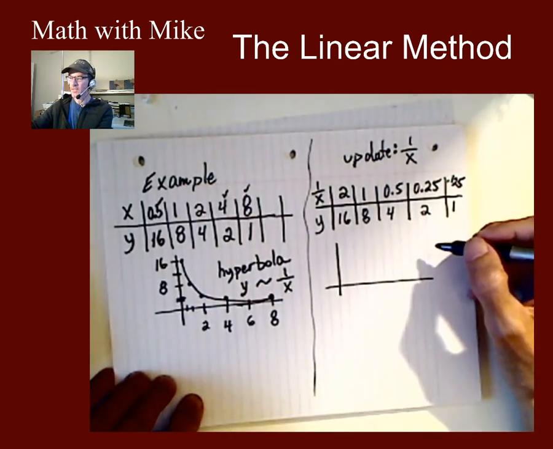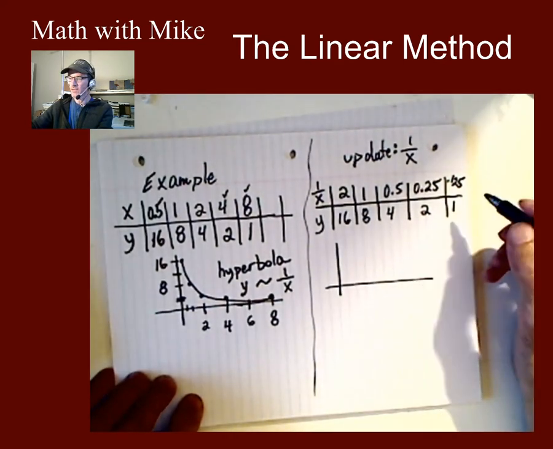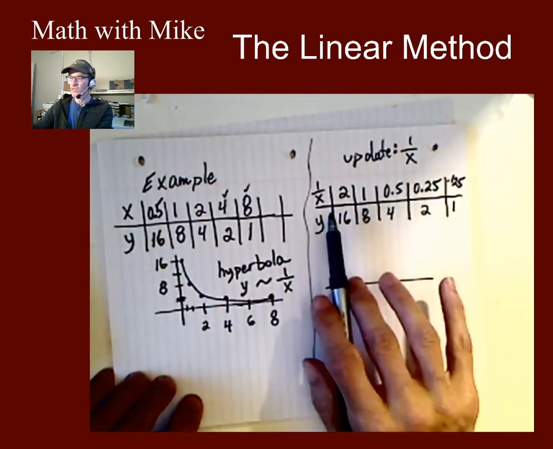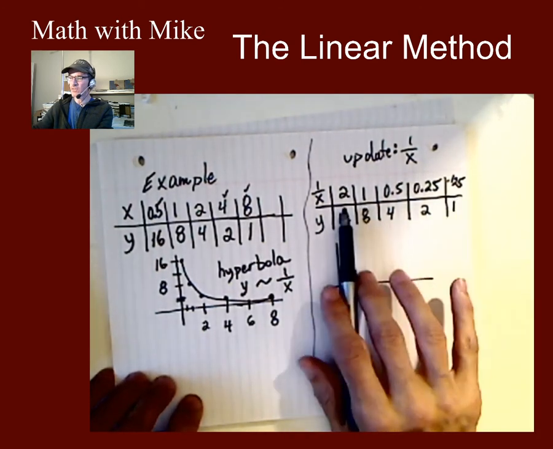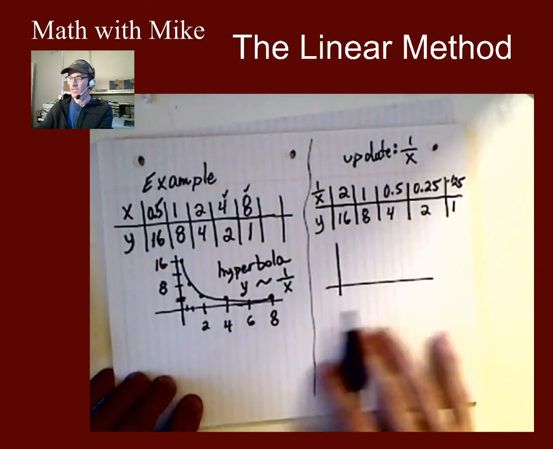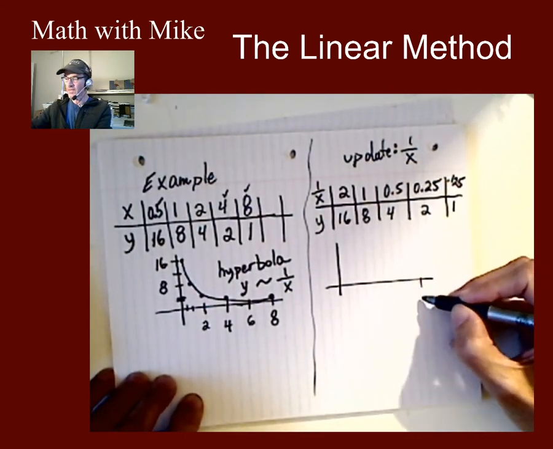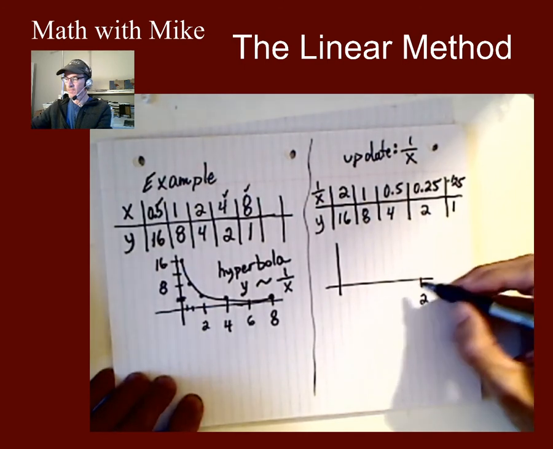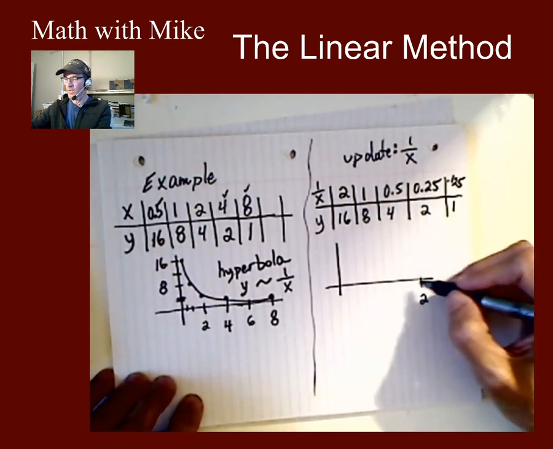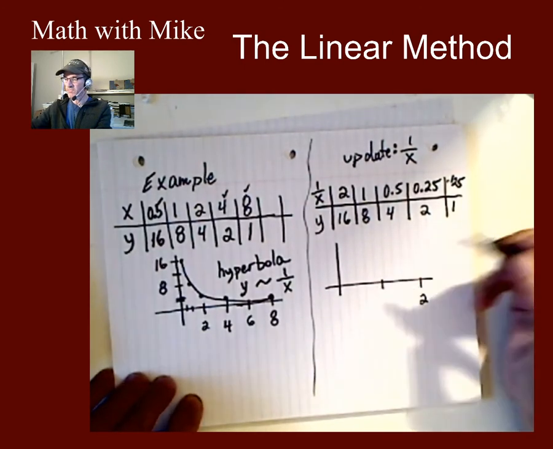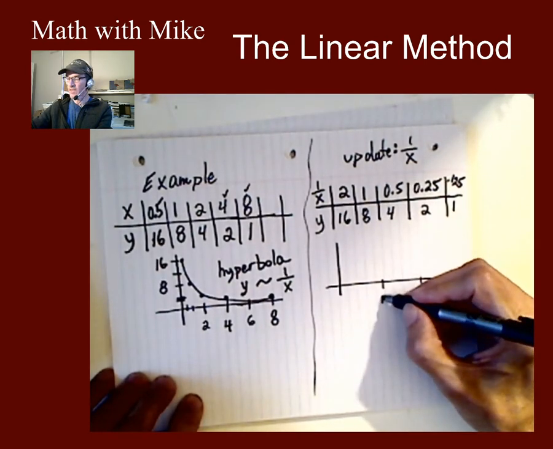So you make the graph. Notice the x values now only go up to 2. So I'm going to make this really fat. I'm going to put a 2 way over there. Split it in half to get the 1, which is somewhere about there, I guess.